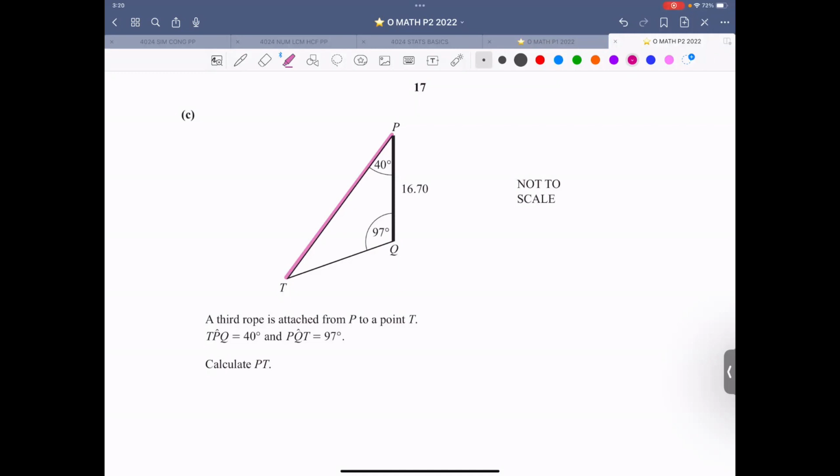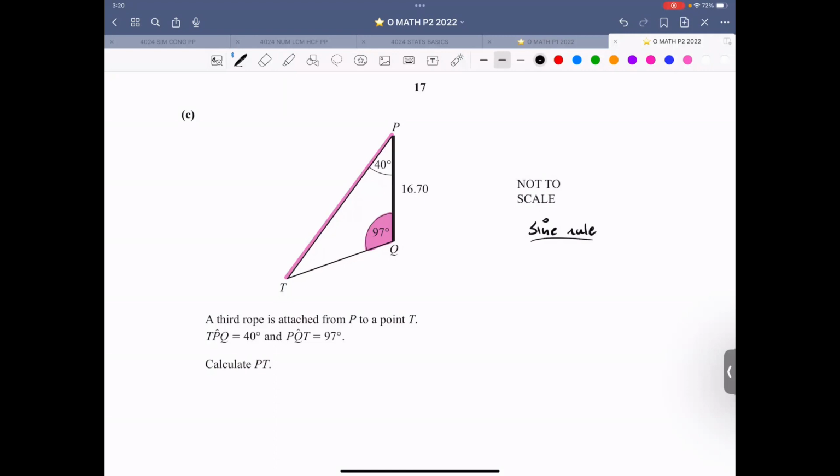Calculate PT. Now this PT, that is opposite of this angle, which is 97 degrees, because it is necessary for application of sine rule that the angle and its opposite side has to be used.